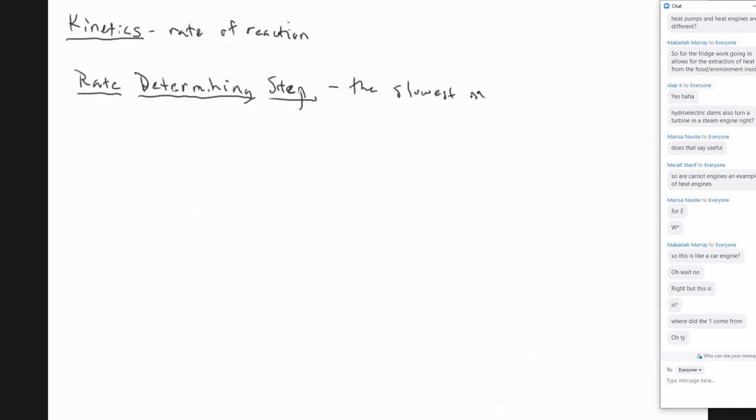So the rate determining step is the slowest, most difficult step in a reaction, right? It's typically the transition state of that reaction.